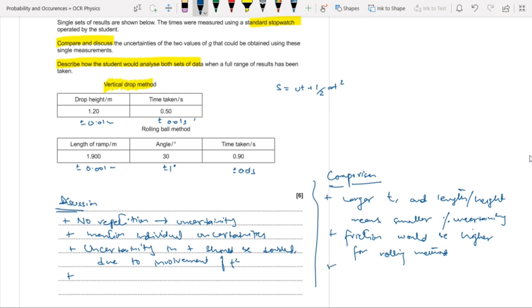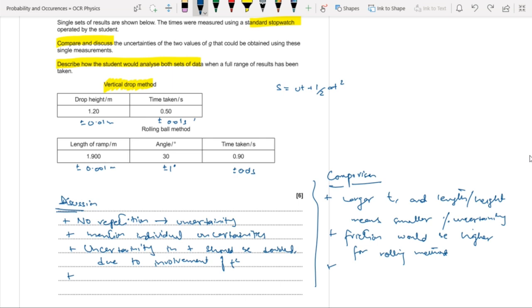Also, we would see that the uncertainty for drop height and length of the ramp are different. But we have already mentioned that while mentioning the individual uncertainties here. So that's a given.